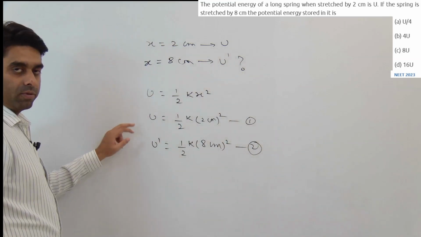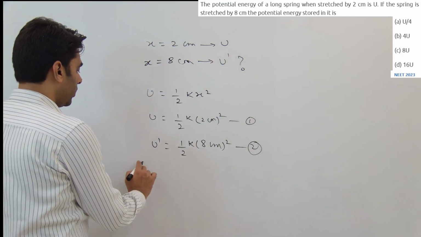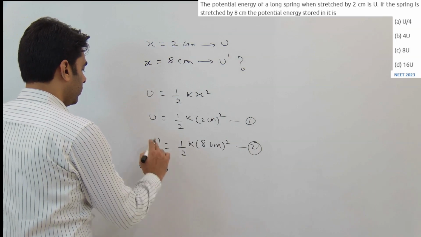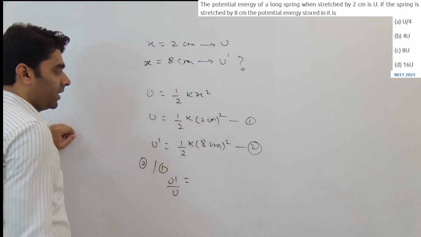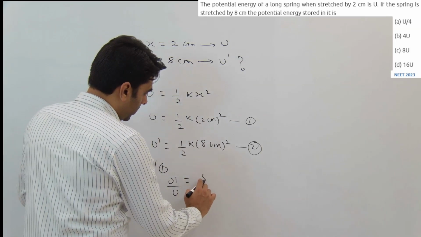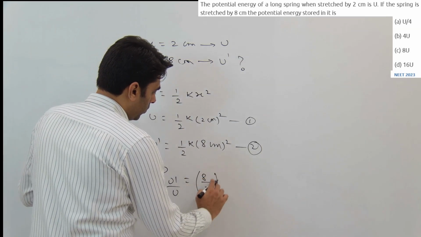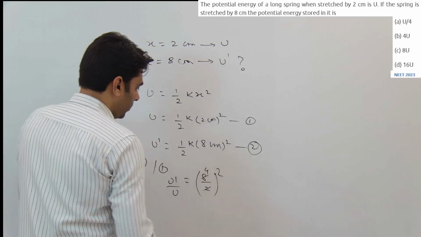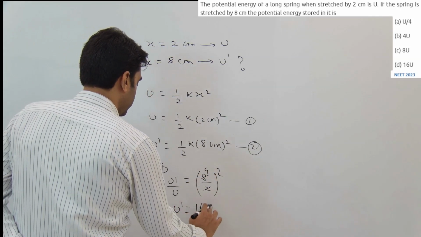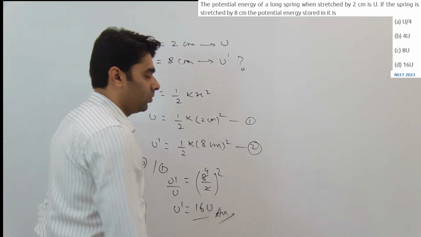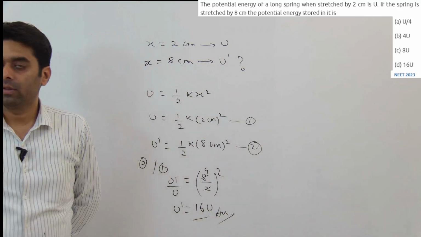Now we have to find U dash in terms of U. So doing 2 by 1, we get U dash by U is equal to half k cancels out, we are left with (8 by 2) whole square. This is 4, 4 square is 16. So U dash is 16U. Our answer is option D.